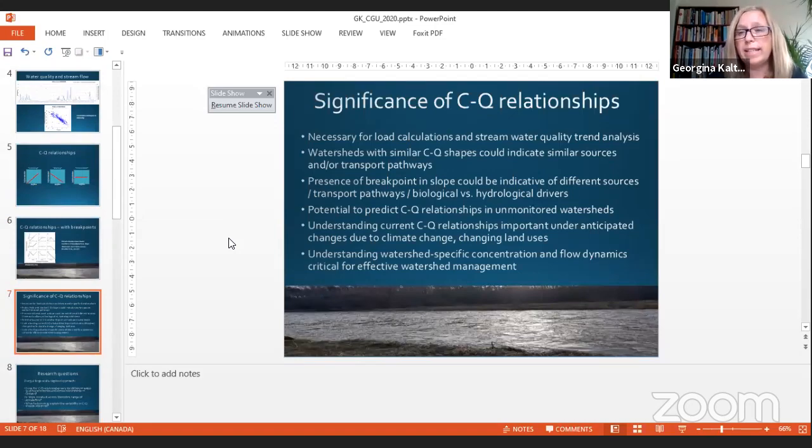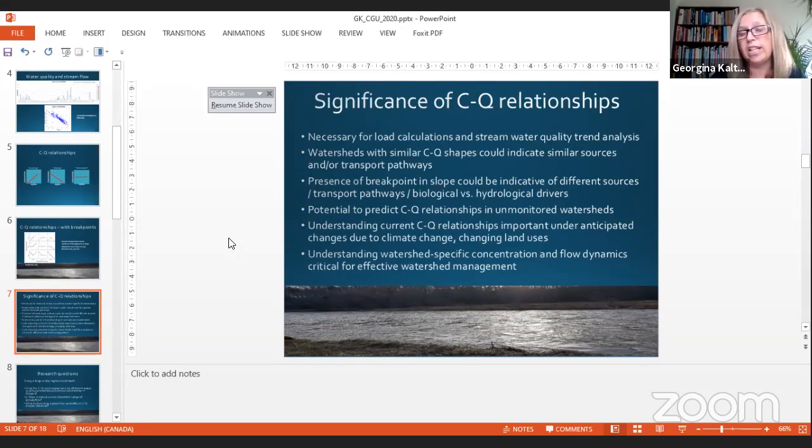Why is it important to study CQ shapes? First of all, they have a very practical application. It's necessary to understand the CQ relationships when you're doing load calculations or stream water quality trends. Also, studying these relationships across many different diverse watersheds could provide some insight.